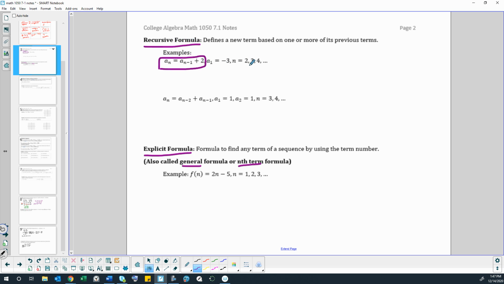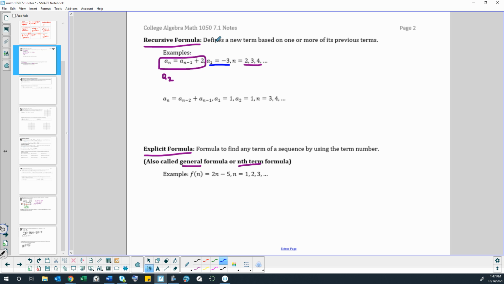Now we're supposed to find the next terms using that formula. So here's what we do. We've got the formula A sub n equals A sub n minus 1 plus 2. So the next number we want to find is A sub 2. We're finding the second term. So this one right here is the first term.